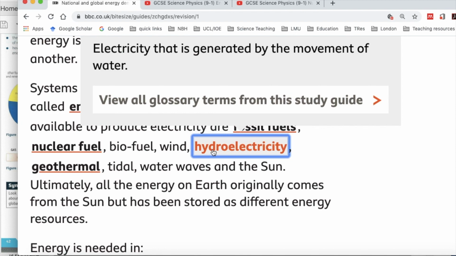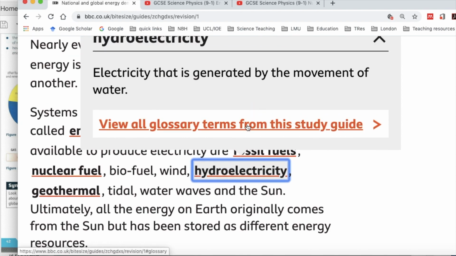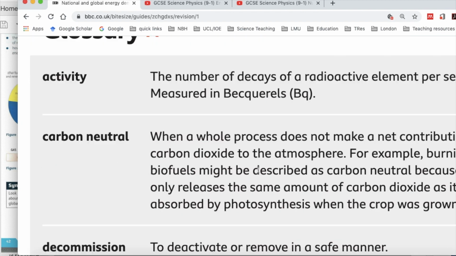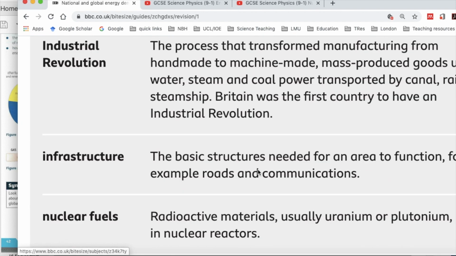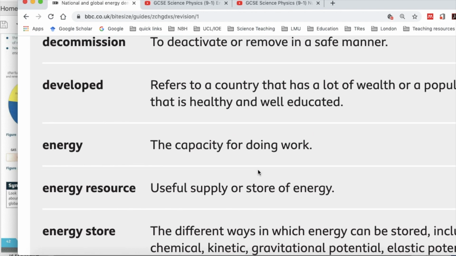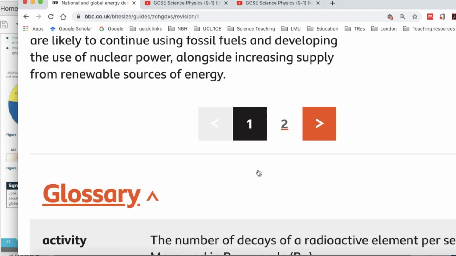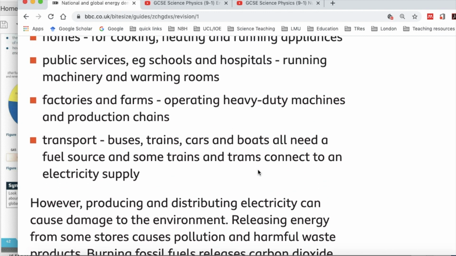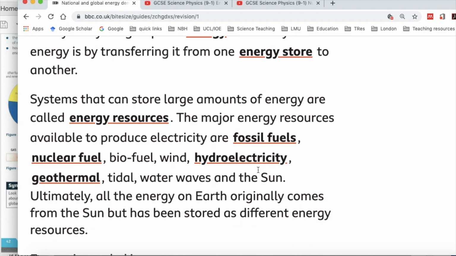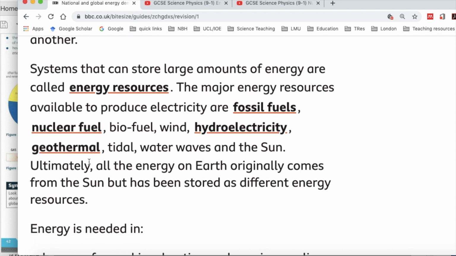So you can click on the word and it can take you to the glossary, which is alphabetical. You can go to the glossary and see the word there. You can even use Google if you find that some of the words are too specific or you couldn't find them. Please use the internet.